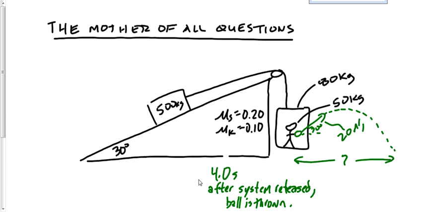So 20 meters per second at an angle of 30 degrees, we want to know how far the ball lands from the elevator.